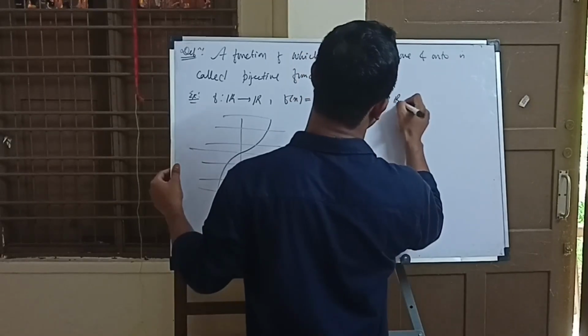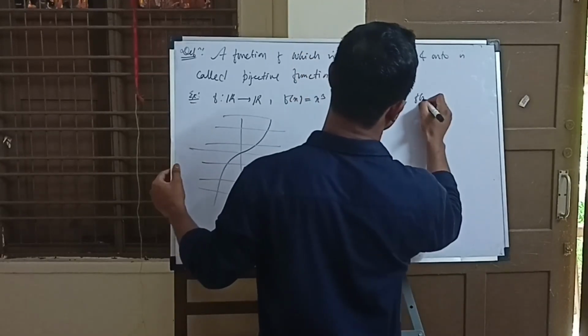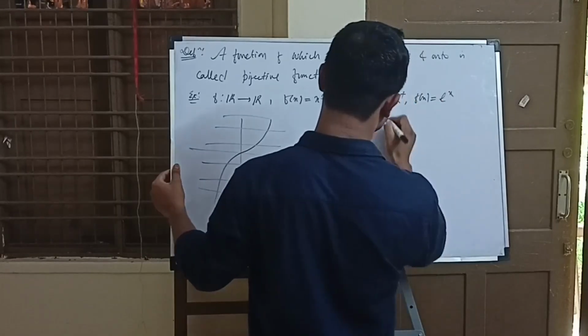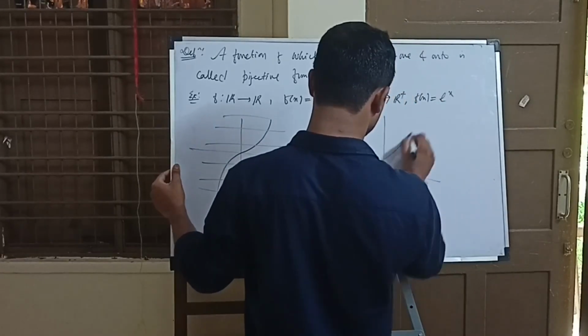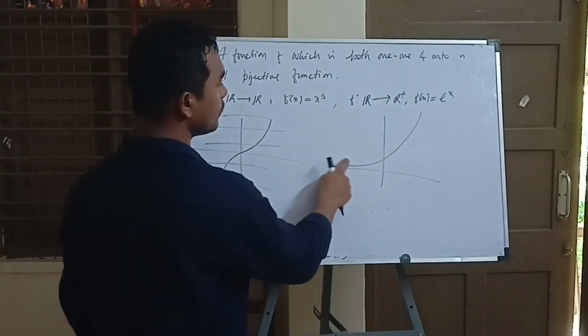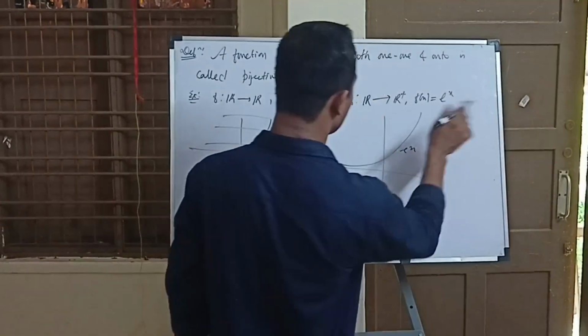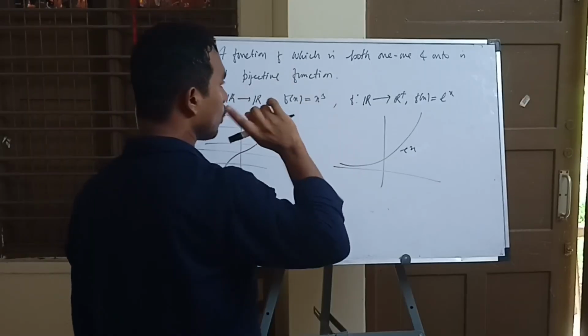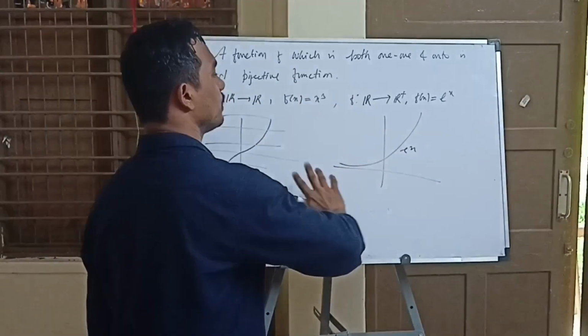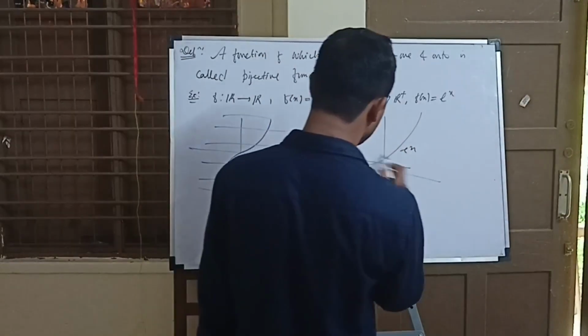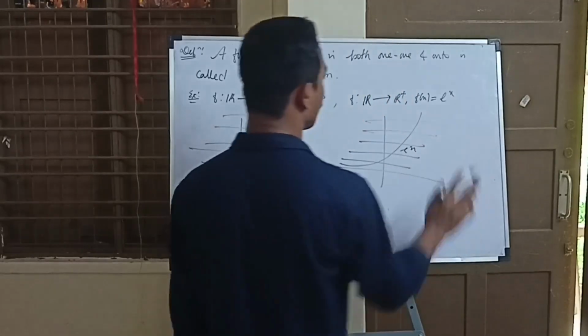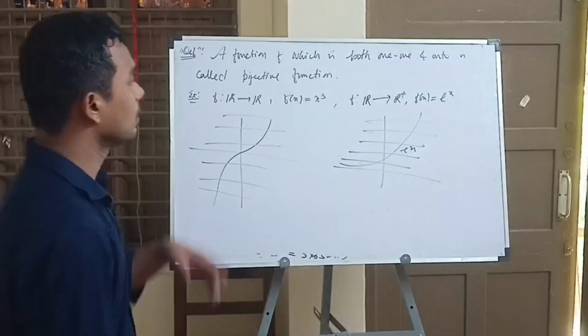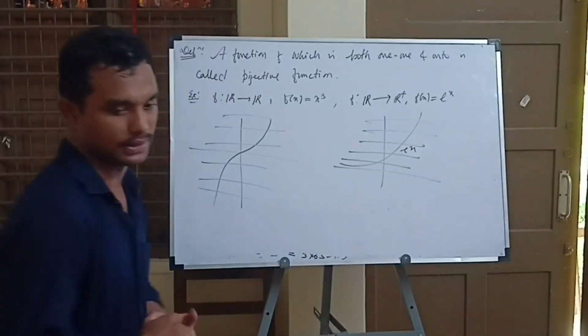Now take a function from R to R plus, f of x equal to e to the power x. The range of e to the power x is R positive, so the range equals the codomain, so it is onto, and any line parallel to the x-axis cuts the graph at most at 1 point, so it is 1-1. This function is also a bijective function.